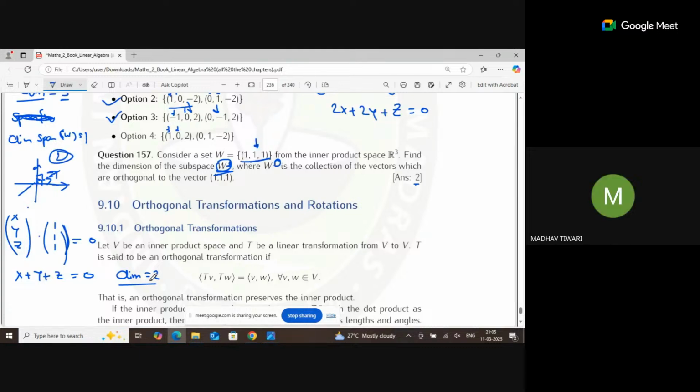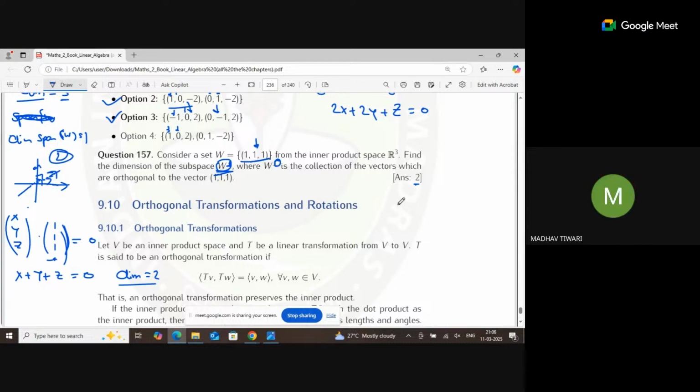Anyone else having any doubt? Sir, can you explain the two perpendicular part once? Which part? This one, the geometric one. Okay. In this one, it is saying that we want all that subspace, the dimension that is remaining, that is perpendicular to this.